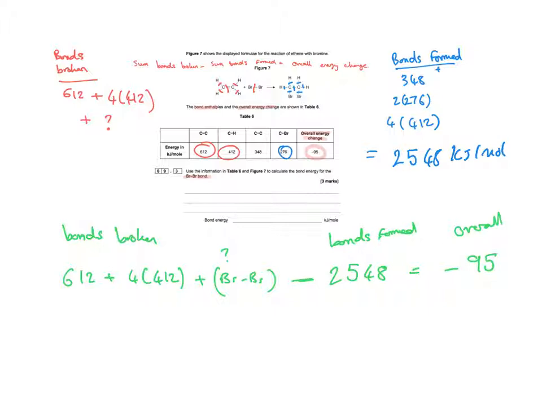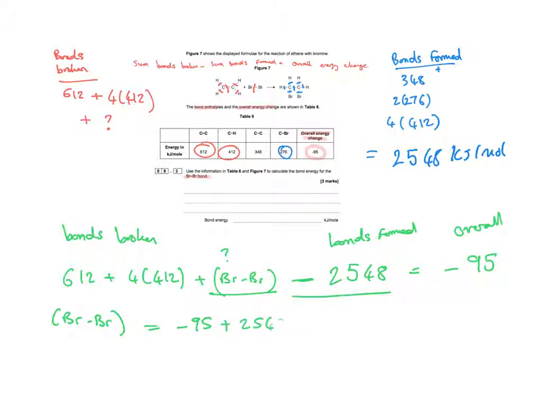So hopefully now you can try and give it a go and working out the bromine-bromine. To do this mathematically, I could rearrange it. So I've got my bromine-bromine bond, keep it on this side of the equals, and move everything to the other side. So I've got my minus 95. If I want to move minus 2,548, I need to add it to both sides.